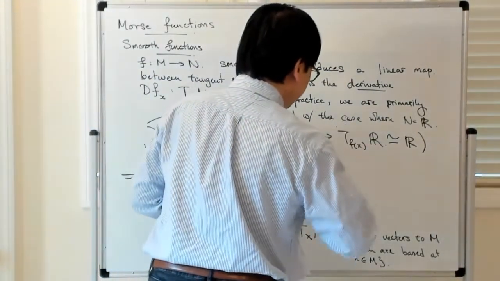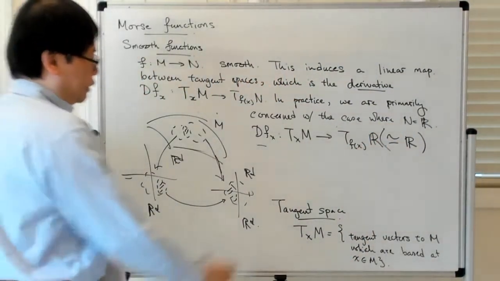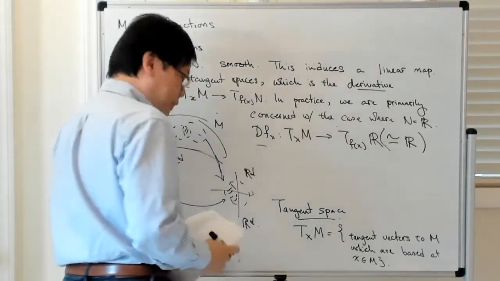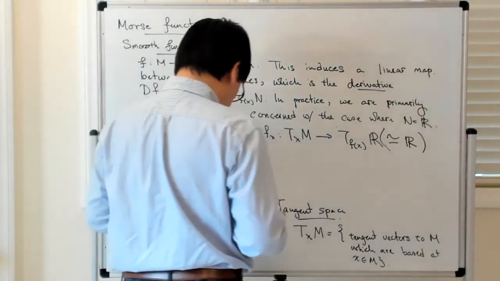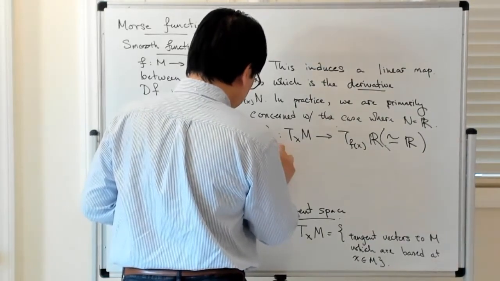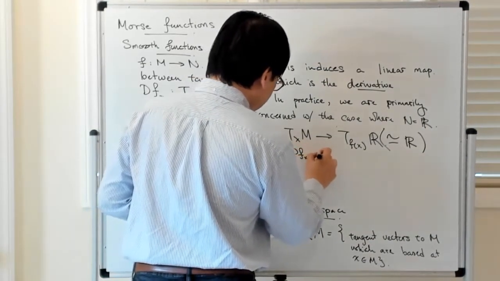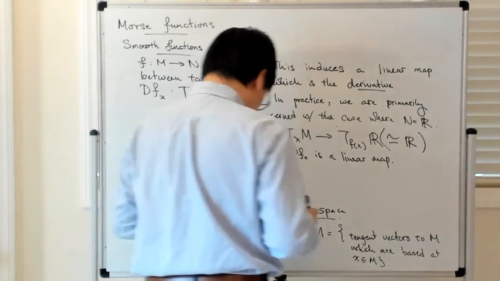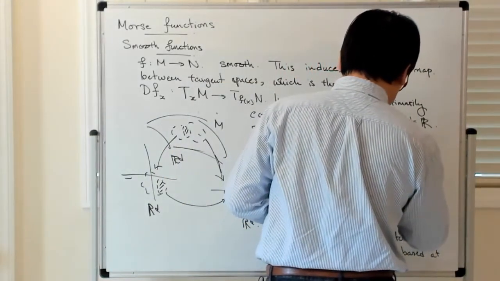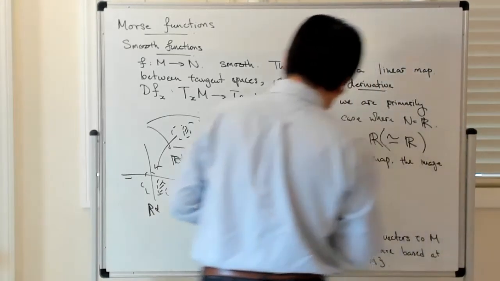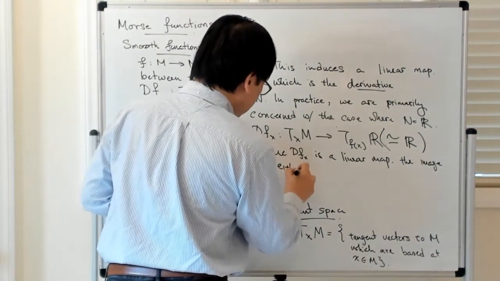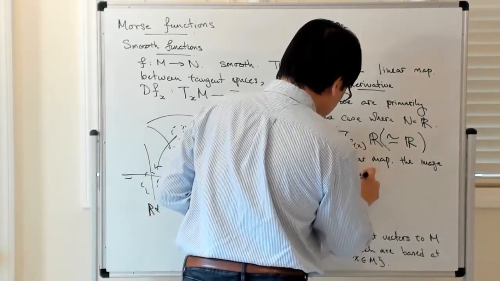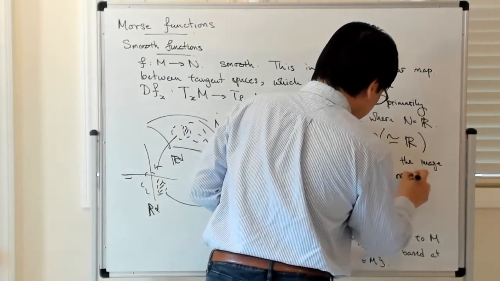Let me put that parentheses here. The whole thing here is just isomorphic to R. Since df_x is a linear map, the image of such a map is either the entire real line or 0.